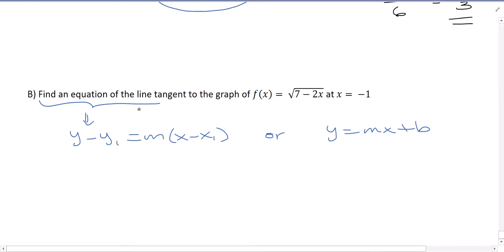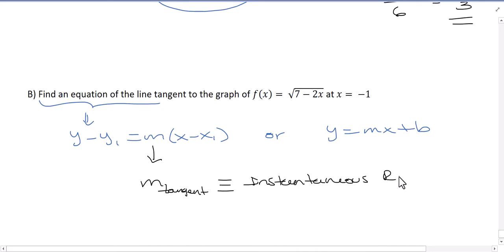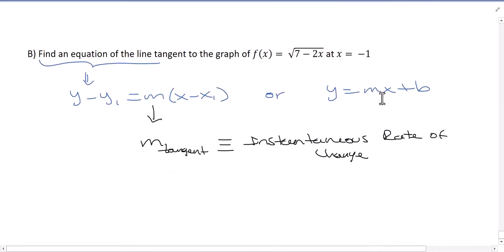So in this case, we know already the slope. The slope of the tangent line is the same thing, that's equivalent, that symbol, to the instantaneous rate of change. And we already know from part A that the instantaneous rate of change was negative 1/3.